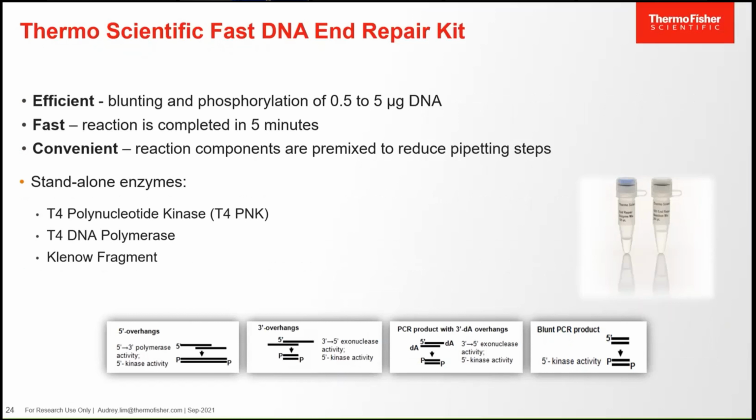Okay, so we have talked about blunting using T4 DNA polymerase and Klenow fragment, and we have also talked about phosphorylation using T4 PNK. This brings me to our Thermo Scientific Fast DNA End Repair Kit, which efficiently performs the blunting and also the phosphorylation for up to 5 microgram of DNA in just 5 minutes.